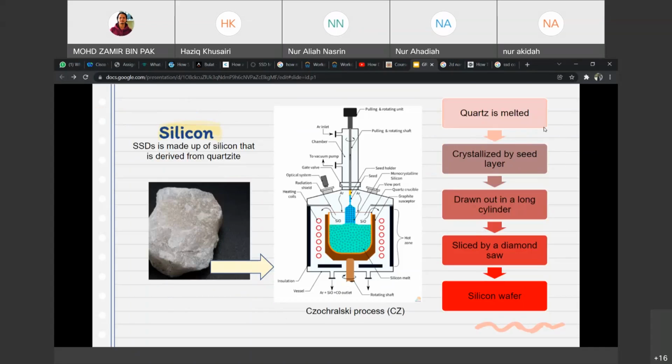Once extracted, the quartz will undergo a process called the Czochralski process, or CZ. Quartz is melted and then crystallized by a seed crystal and drawn out in a long cylinder. This cylinder is then sliced by a diamond saw to create a silicon wafer. Next slide.